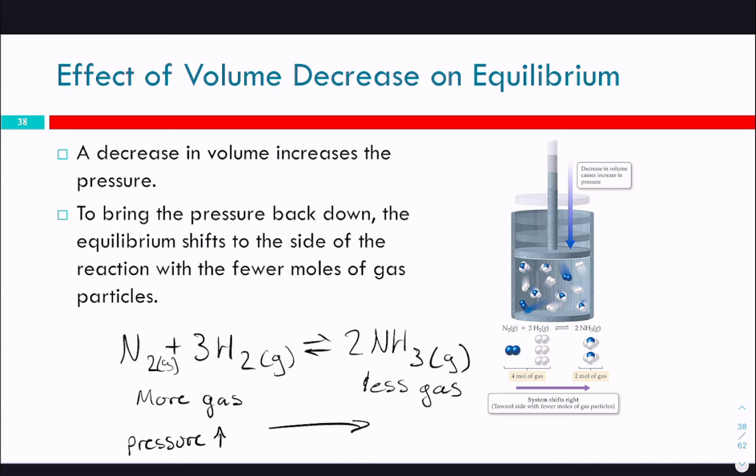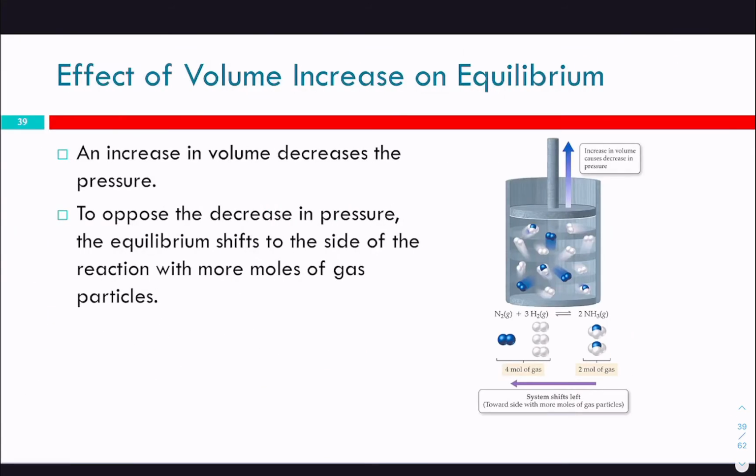So decreasing pressure will shift it to the left. Exactly what happens here: if we increase the volume by pulling up on the plunger, the reaction will shift to the left to counter that change in the concentration of products relative to reactants.